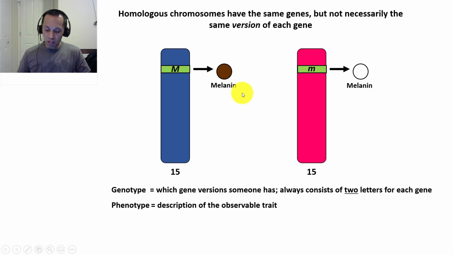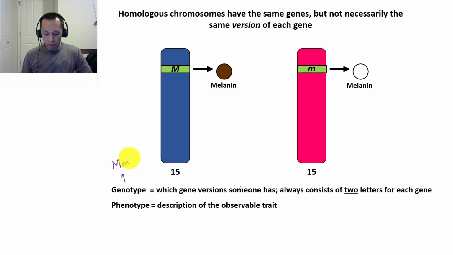In this case, this person inherited the allele that encodes for the functioning melanin protein from their father, and the allele that encodes for the non-functional melanin protein from their mother. So when you're describing their genotype, you would say that their genotype is big M, little m. In other words, they are heterozygous for this trait.